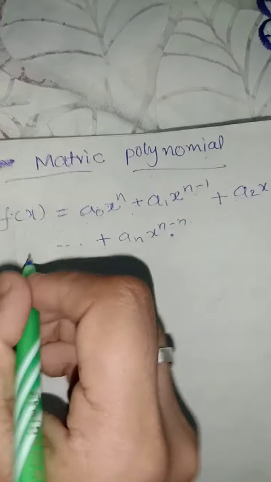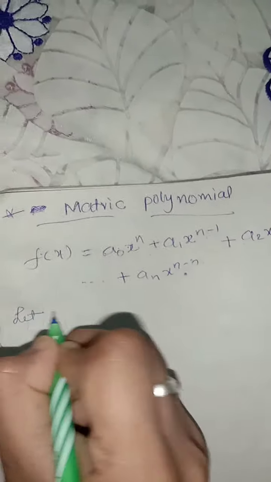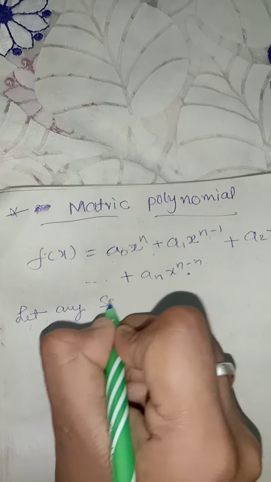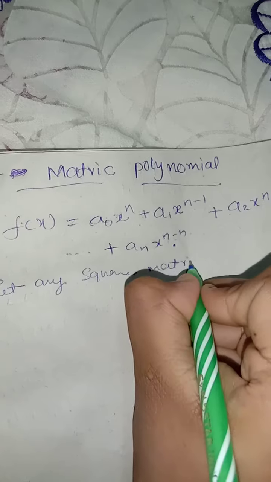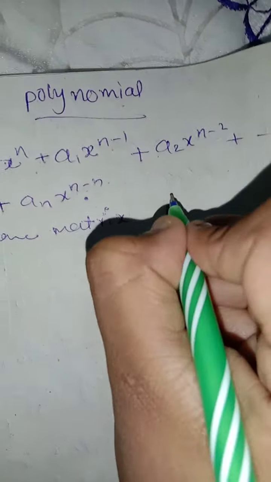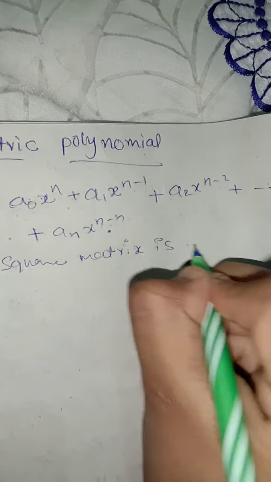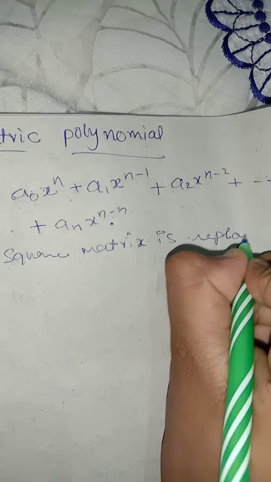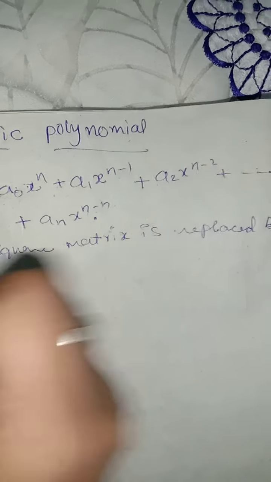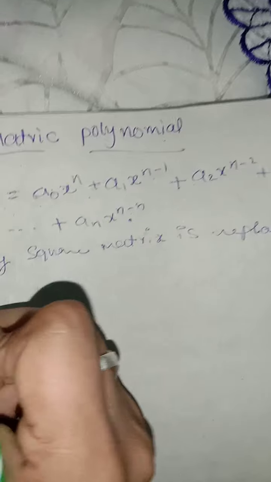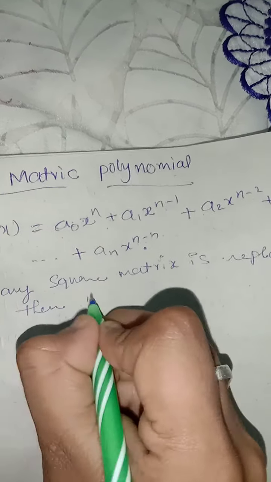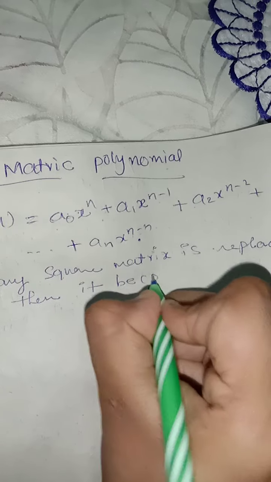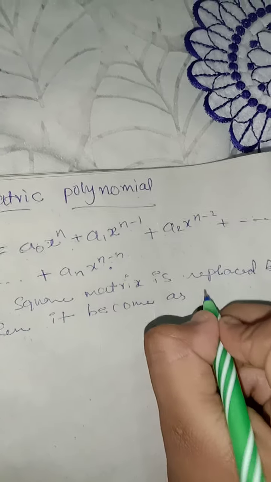Let any square matrix replace x. Then it becomes a matrix polynomial.